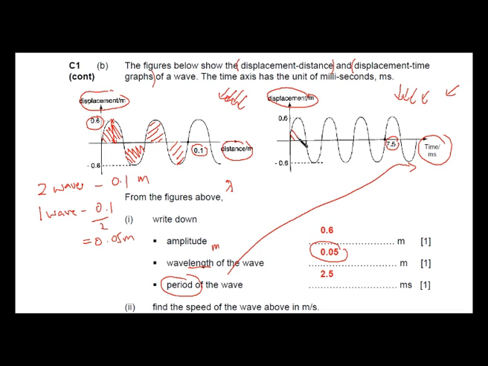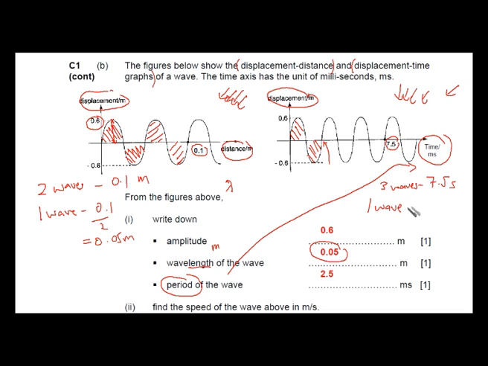So one wave is over here. We want to find the time taken for one wave to occur. So in 7.5 seconds, how many waves have been generated? This is one wave, this is the second wave, this is the third wave. So 3 waves are generated in 7.5 seconds.